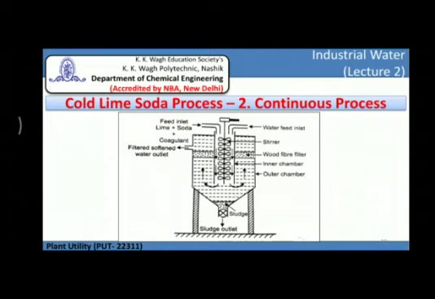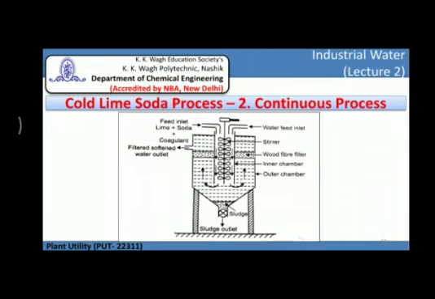The soft water formed after the reaction moves upward and passes through this wood fiber filter, and if some precipitate is present inside that water, it gets filtered out on this wood fiber filter.